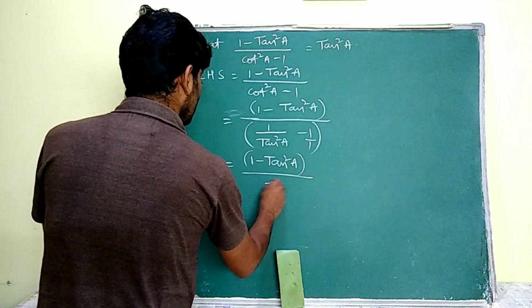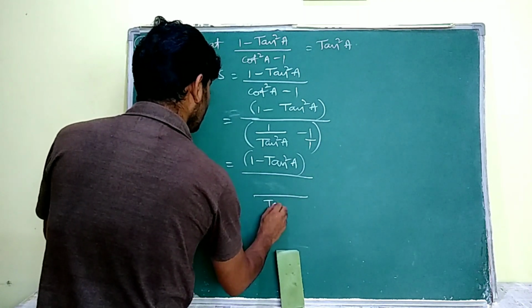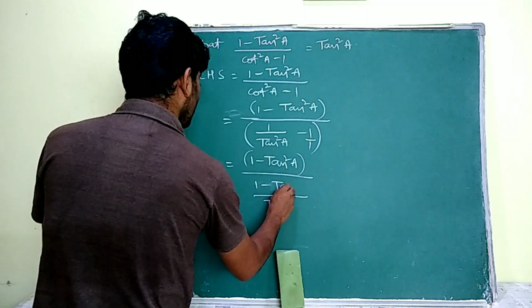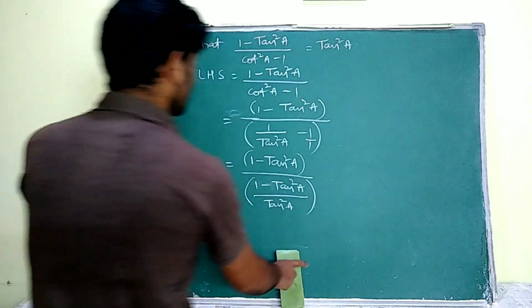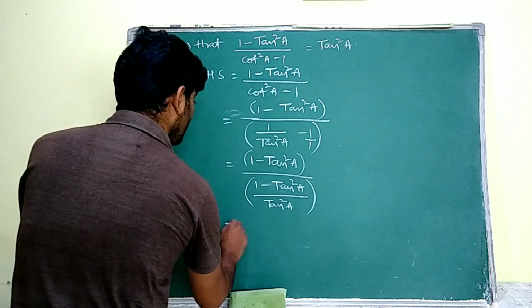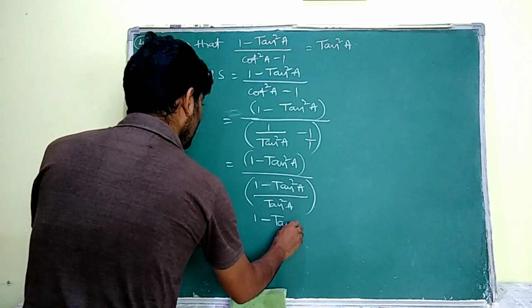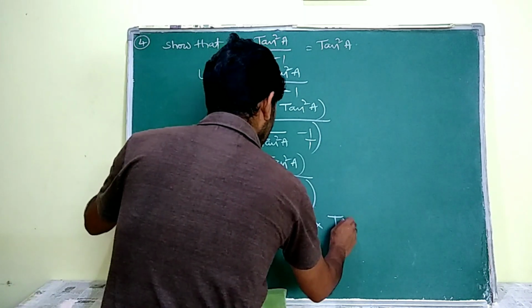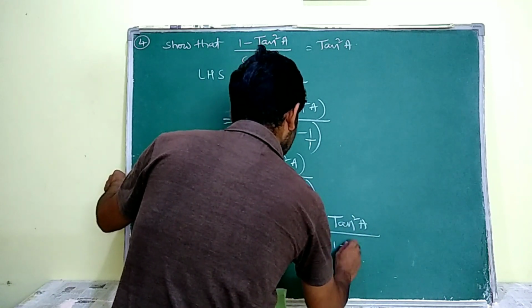Here the LCM is tan square A, and your answer is 1 minus tan square A. This is like fraction by fraction. By reciprocating the denominator, that is (1 minus tan square A) into tan square A by (1 minus tan square A).